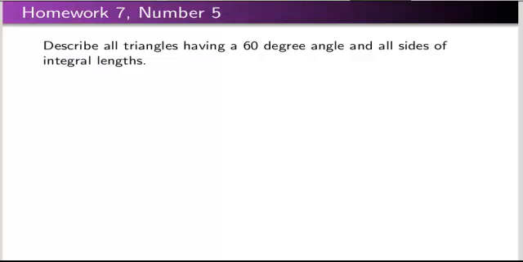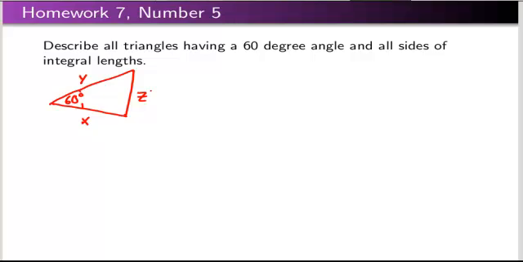Describe all triangles having a 60-degree angle and all sides have integral lengths. Okay, so they don't have to be right triangles. They just need a 60-degree angle here. X, Y, and Z. And, okay, so what type of equation do we get here?